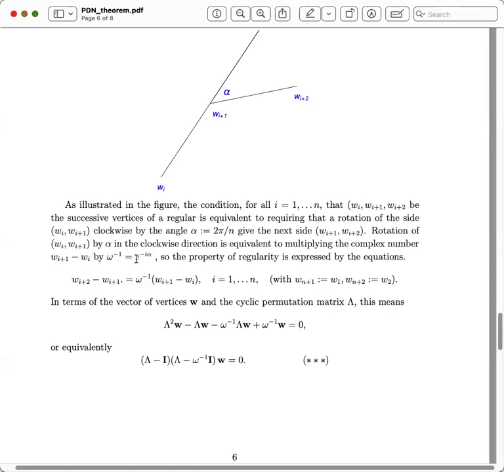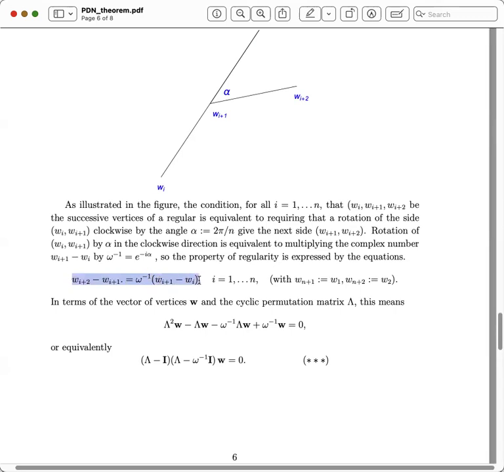This is a clockwise rotation, so it's the inverse. So the rotation of this vector by alpha in the clockwise direction in terms of complex numbers is given by this product. And that has to equal this vector, which is the difference between the complex numbers w i plus 2 and w i plus 1, so we get this equality.